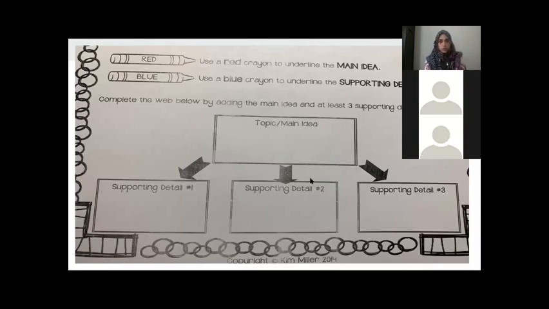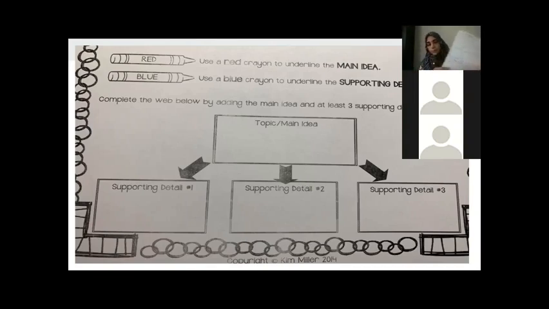Because when we talk to our parents or go out with our friends and we want to tell them about water, we can't read the entire passage to them, right? So you want to shorten it. You want to summarize it. So this web helps you do that.